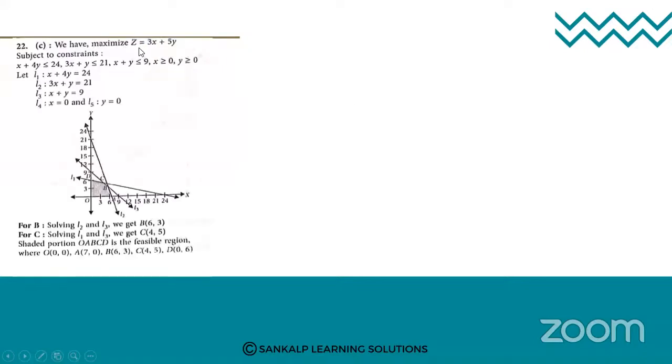So see here, the objective function is given to us, we have the objective function z, and inequalities are given. On solving the inequalities, we need to convert these inequalities into equations. So we are getting 1, 2, 3, 4 and 5 equations. So 4 and 5 are just the non-negative inequalities, and they will help us to plot the solution region in the first quadrant.